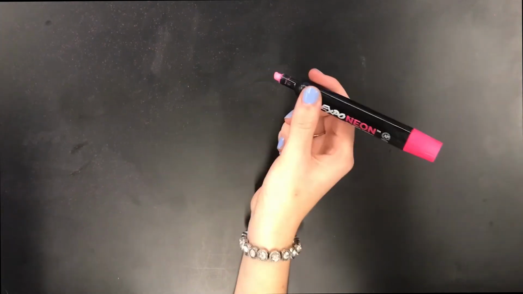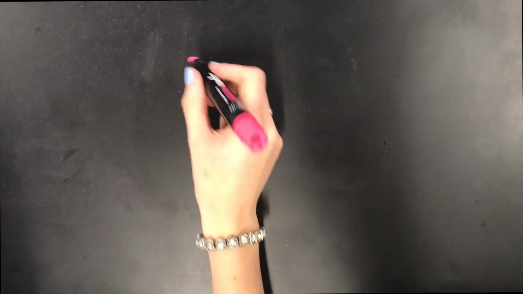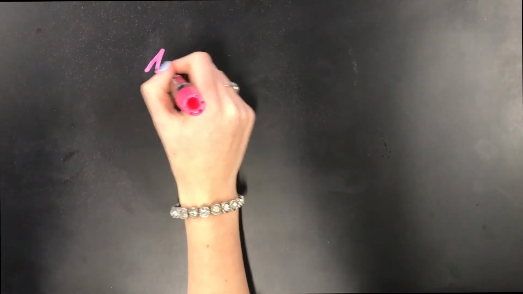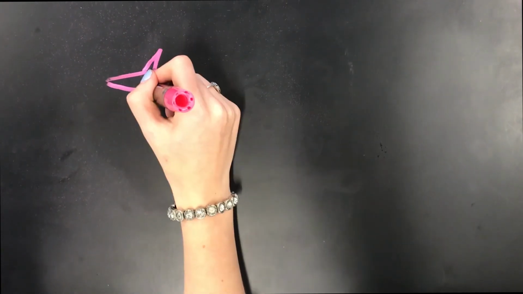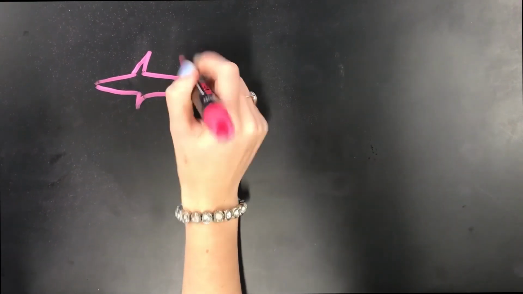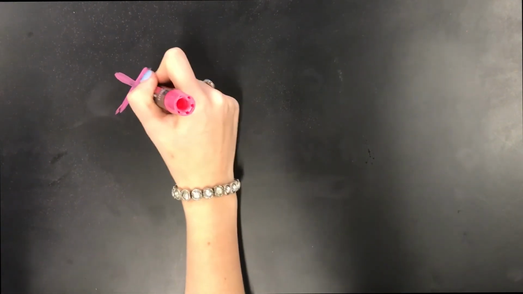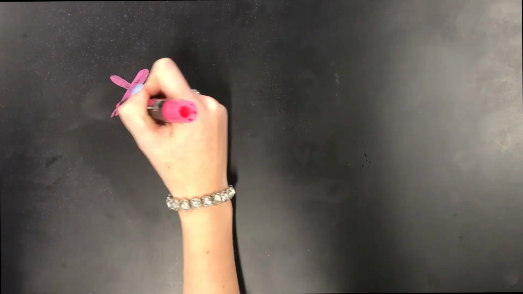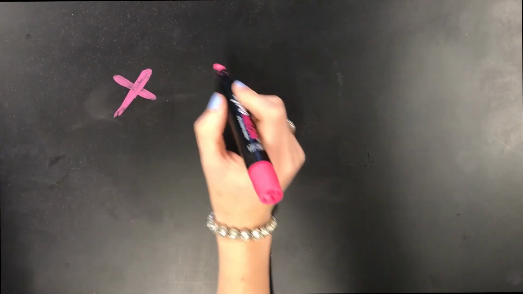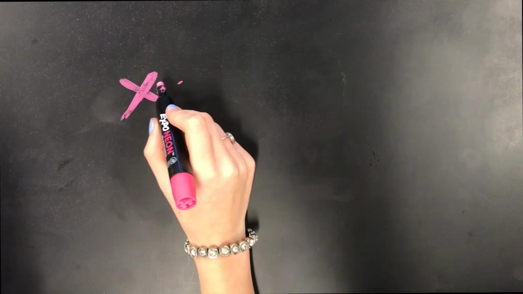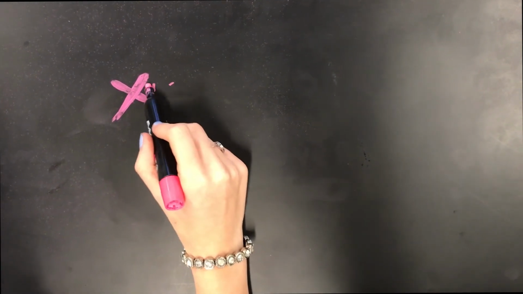So, the first example we have is when a bird hits a plane. I'm very bad at this. Okay, let's say that's the plane, and then a bird hits the plane.